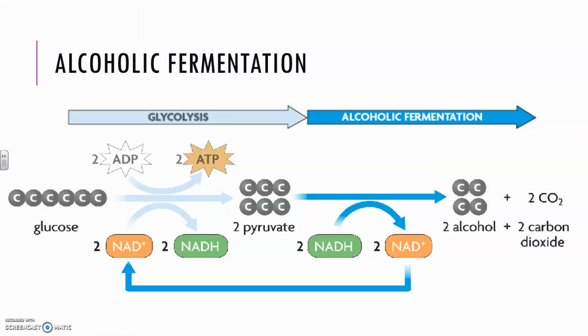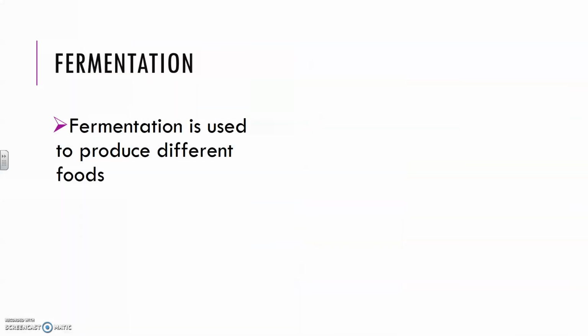Again, you're going through glycolysis like normal, and this time instead of creating lactic acid, you're going to produce the 2 carbon alcohols and 2 carbon dioxides while regenerating the 2 NAD pluses. Fermentation is actually used to produce different foods. This is how we produce alcohols from different fruits and wheat and barley and grains and hops and things like that.